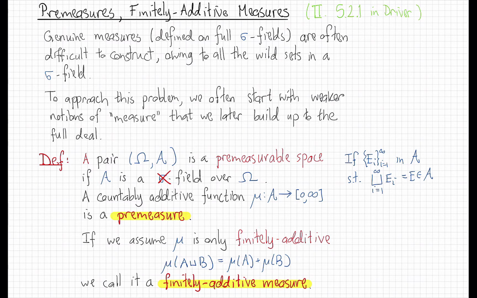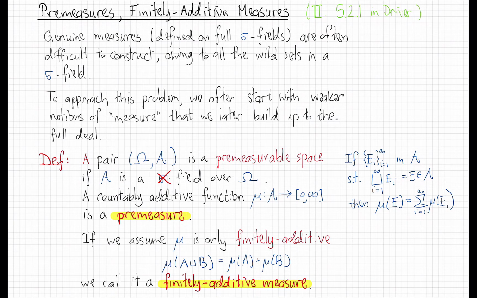If we're in that happy circumstance, then this function mu is assumed to be additive on such sets. That is a premeasure. Premeasures are much easier to construct than measures because fields are much easier to understand than full sigma fields. Nevertheless, this countable additivity constraint can still be challenging to satisfy.